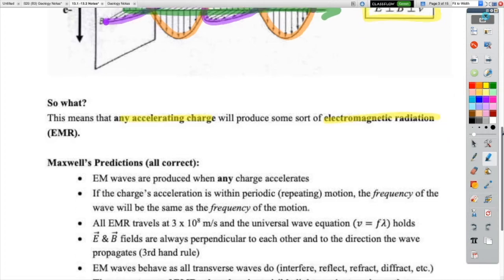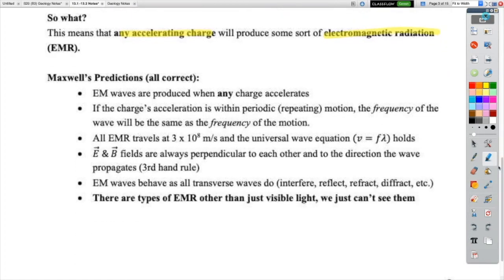Okay. Now, here are the predictions that were basically made. Again, all he's doing at this point is math. Literally, he's doing math. He took wave equations, applied them to electricity and magnetism, and got all these predictions. Turns out all of them were correct. Okay, so again, electromagnetic waves are produced when any charge accelerates.